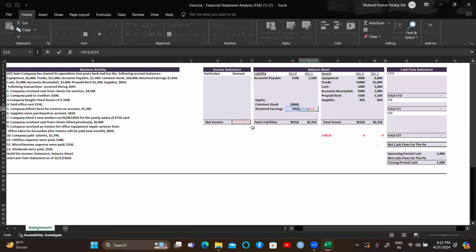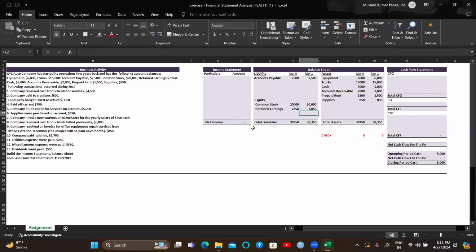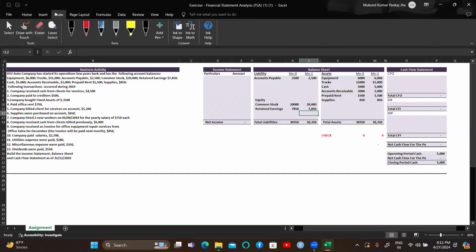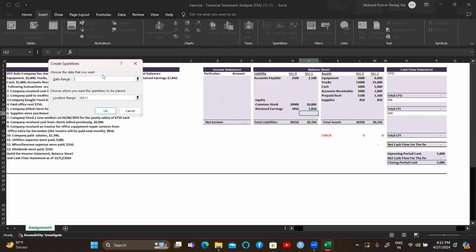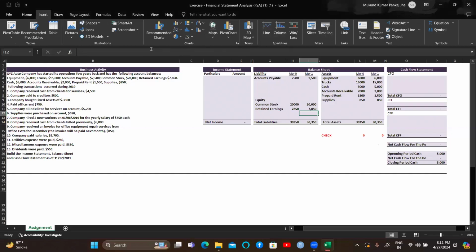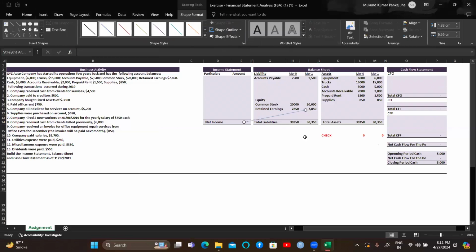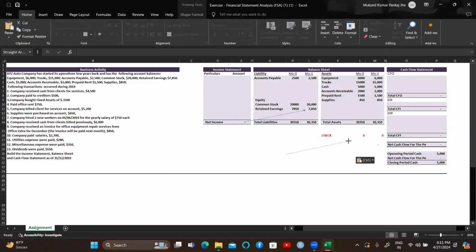Just one thing, retained earnings would be this. Everything is perfect. So if you see KG, how we have made this: this net income will be reflected over here in my balance sheet.